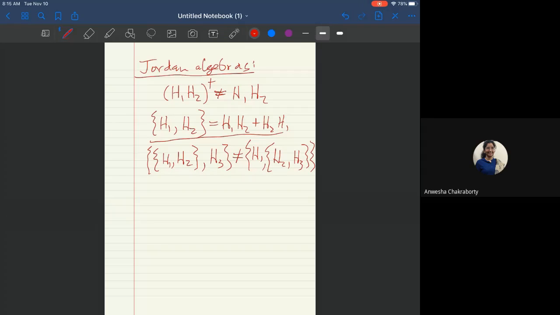So based on this template, he defined this notion of Jordan algebra, or Euclidean Jordan algebra, and shortly thereafter, these were classified by Jordan and.